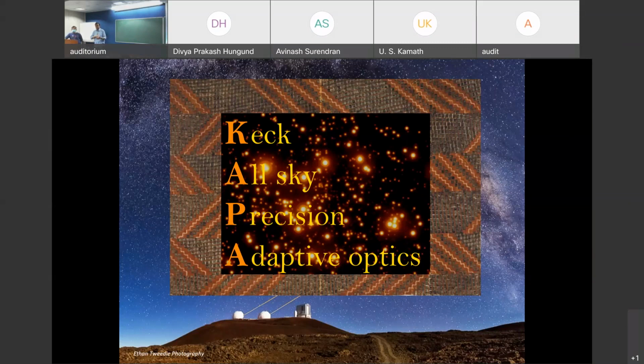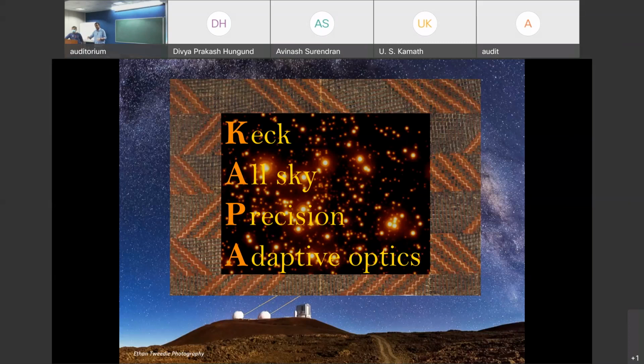So the RTC is trained to work with natural guide star mode, laser guide star mode, and the tomographic LGS mode. All three, depending on the intensity of the target. Let's say the intensity is sufficient for NGS, the first priority would always be NGS, because that gives the best Strehl as much as possible.